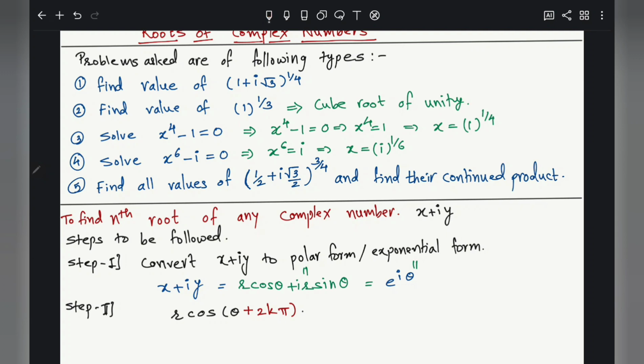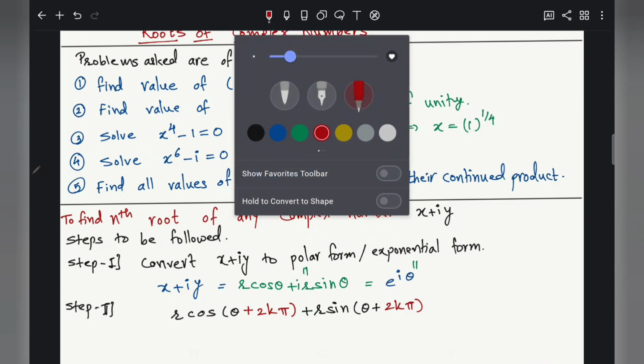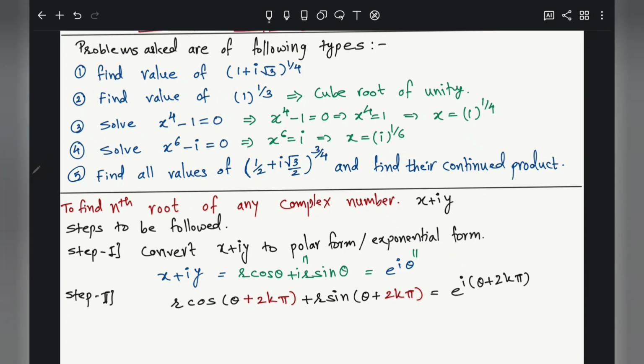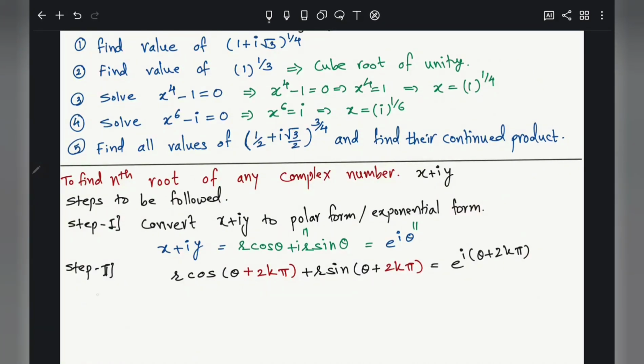So we have to do that step: r cos(theta + 2k pi) plus i r sin(theta + 2k pi). Okay, if you wish you can write in terms of exponential as r e raised to i(theta + 2k pi). Like this also you can write. So this is an important step. Okay, this is very important. I will just mark it by a star.